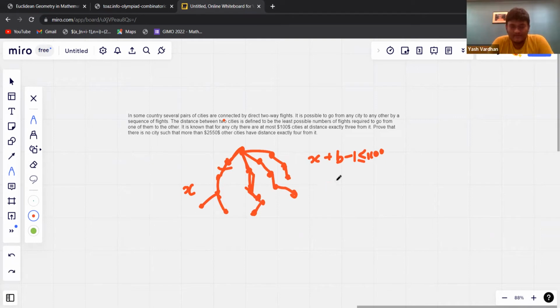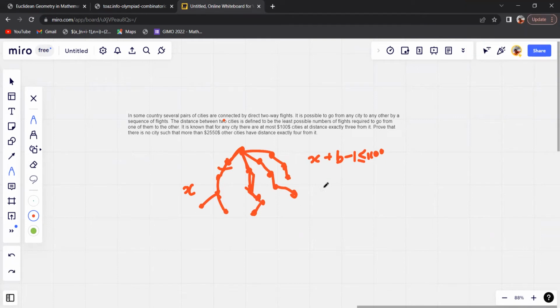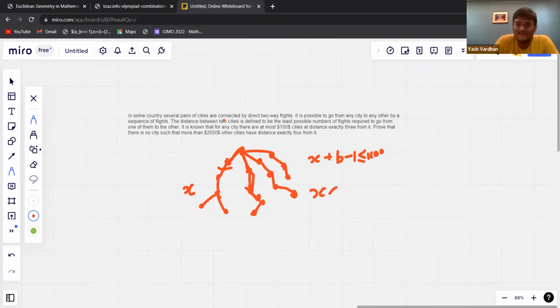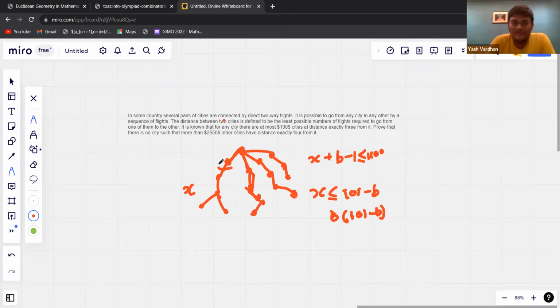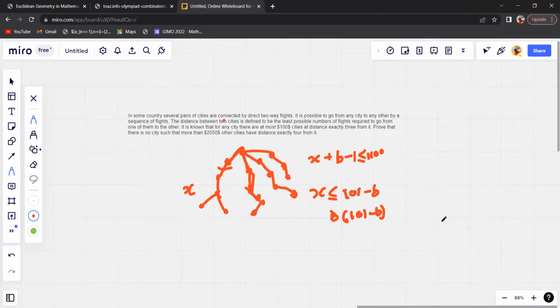So we'll have that each x is less than or equal to 101 minus b, and then if you sum it up over all branches, the entire thing we were looking for is less than b times (101 minus b). This is a quadratic, and it is maximized when b is say 55, right? For each branch, the number of vertices at distance 4 from it is less than 101 minus b, where b is the number of branches.